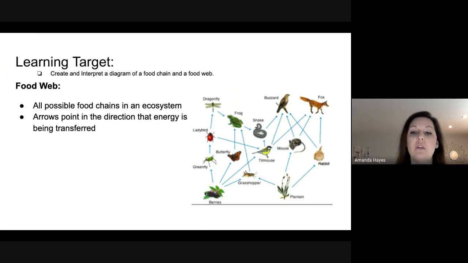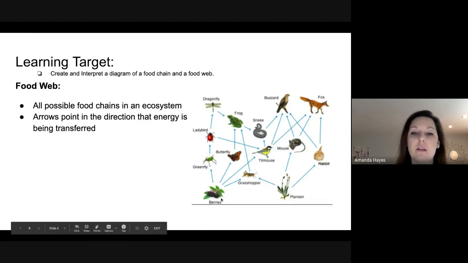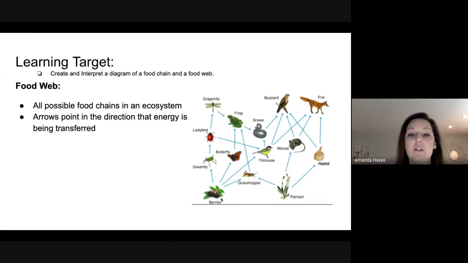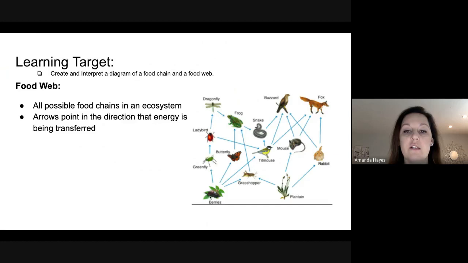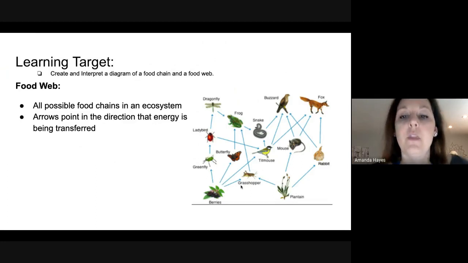Okay, so if we look, we start with these berries. The berries are our producer, and they are eaten by primary consumers. So we have a green fly, a butterfly, a grasshopper, and a titmouse. Okay, all 4 of those organisms are consuming berries and obtaining energy from those berries, which is why we see the direction of the arrows pointing towards that other organism.